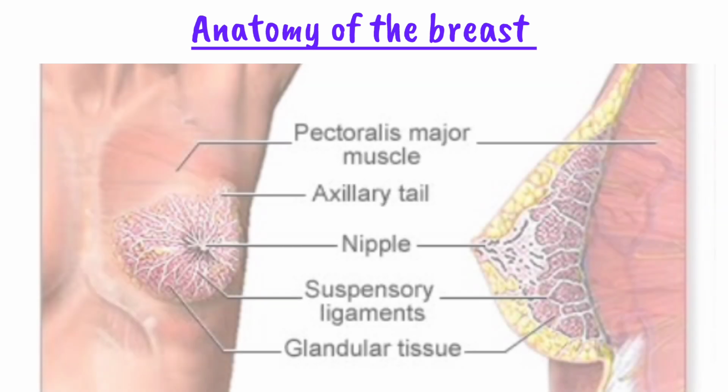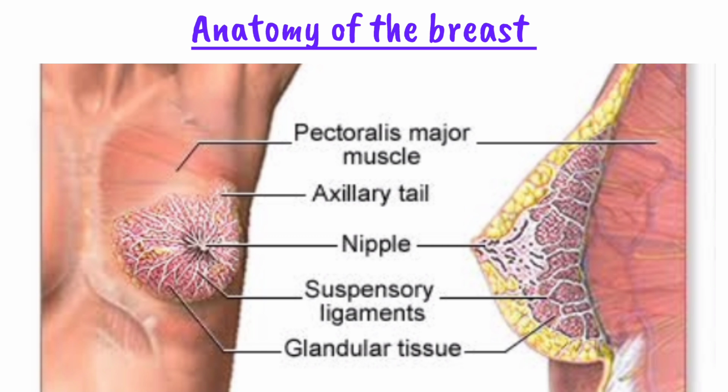So the breast is a complex organ with significant anatomical, physiological and clinical importance. Primarily associated with lactation in females, the breast is also a secondary sexual characteristic that plays a role in social and reproductive functions.